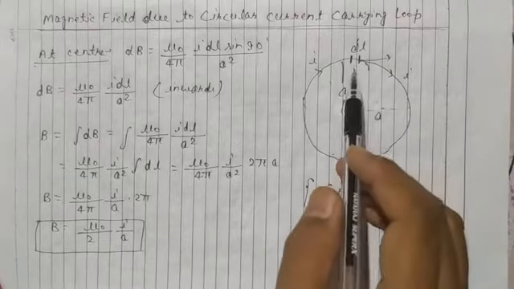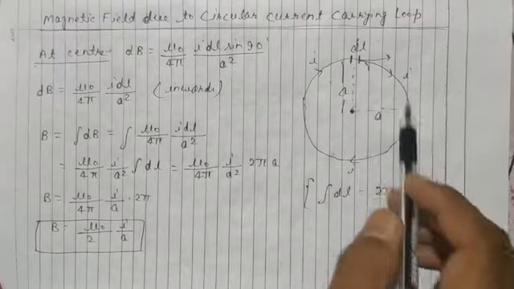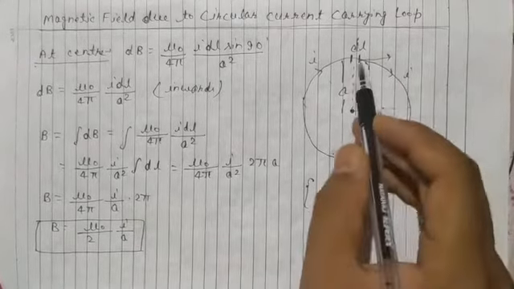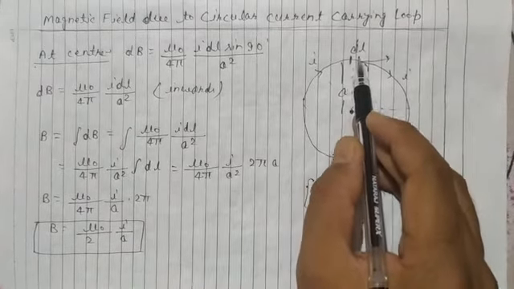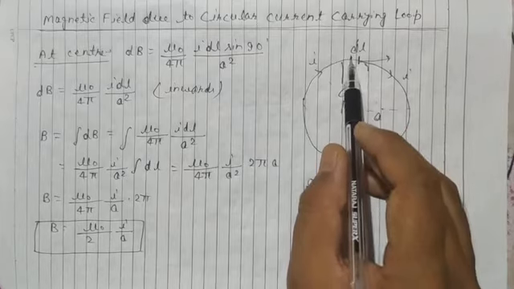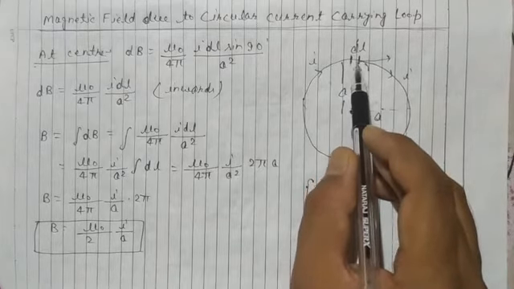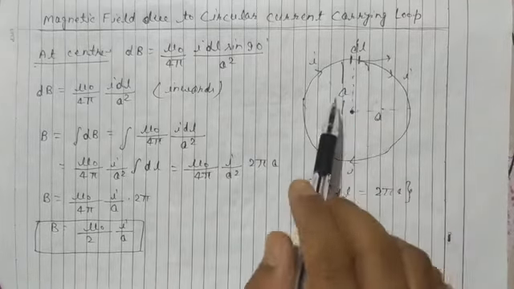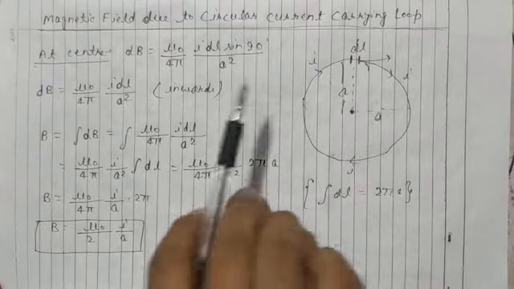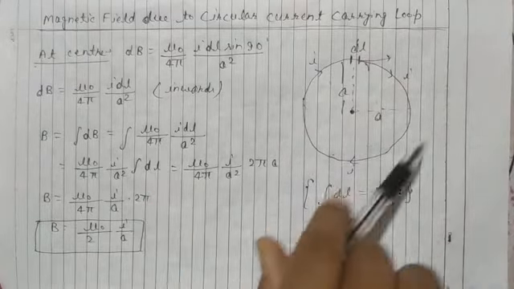So this is a current carrying loop. Then we take a small element of this loop, dl. The length of this small element is dl. The current I is flowing in this loop in the clockwise direction.